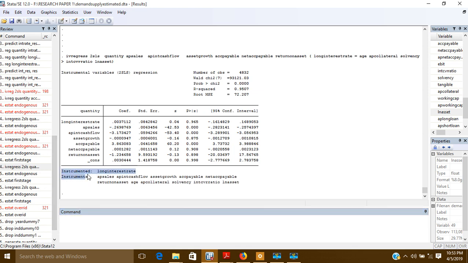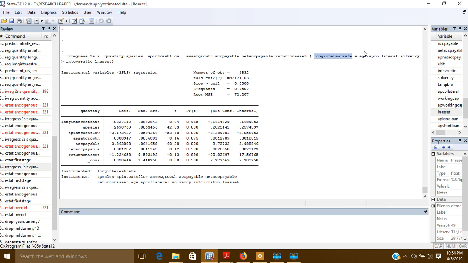Here you can see the instrumented long interest rate, and these are all the instruments. Now I have to check for endogeneity here. To check for endogeneity means to check whether this interest rate is really an endogenous variable, or it can be taken as an exogenous variable also.